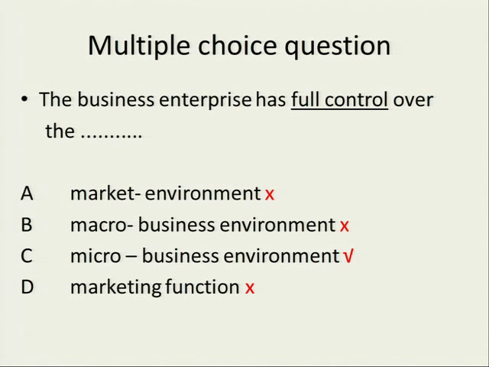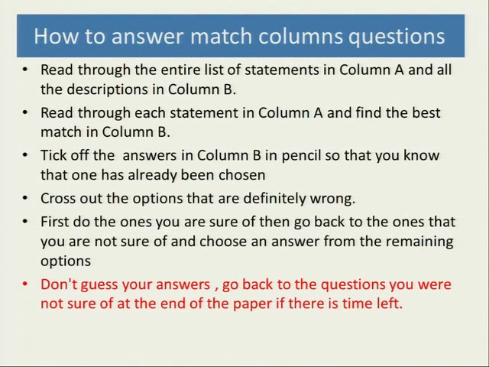So the correct answer is number C. The business has got full control over the micro internal environment. This method can be used with the remaining multiple choice questions as well.